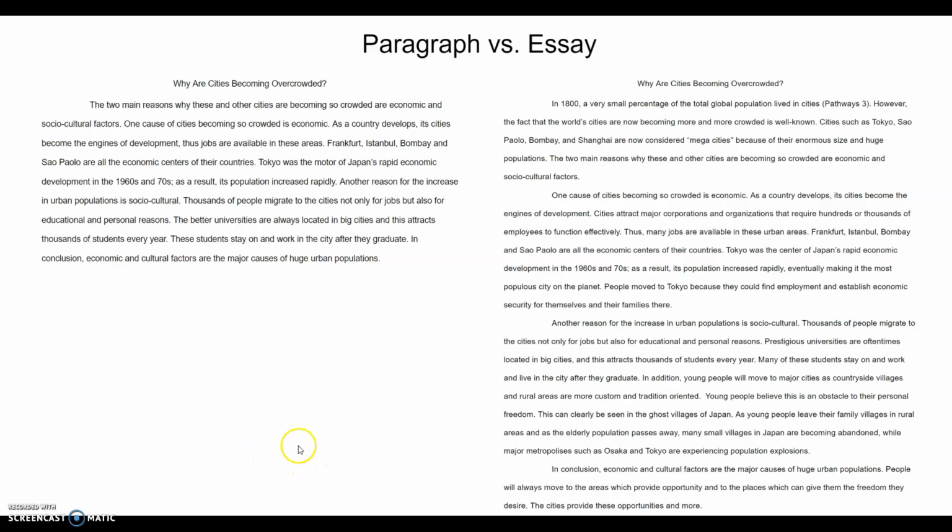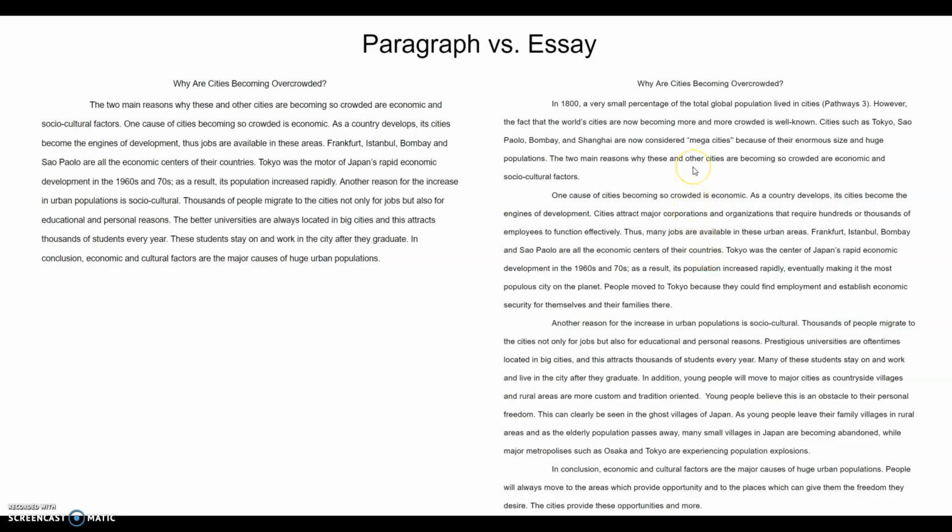So let's look at the paragraph and the essay side by side. On the left side, we have a paragraph. Remember that a paragraph by itself has a topic sentence, supporting sentences, and a concluding sentence. On the right side, we have an essay.